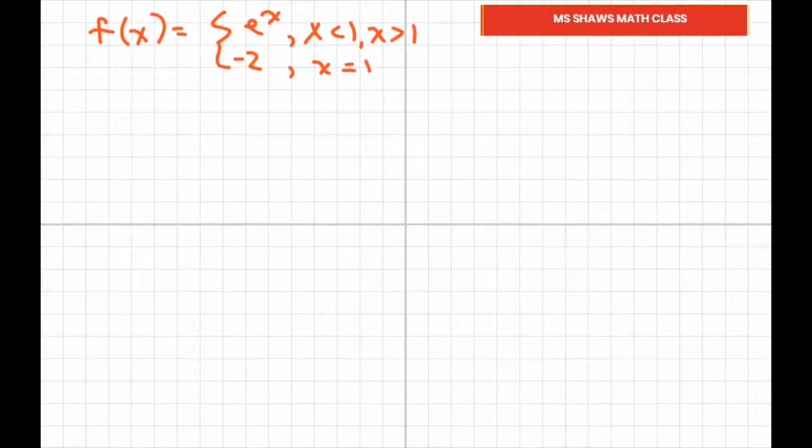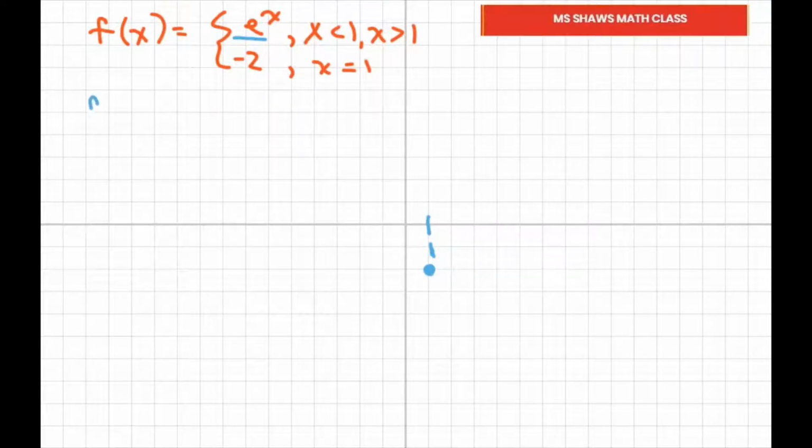So you should know how to graph e to the x. At 1, this is our critical point, it equals negative 2. So there's a point there. But if I plug in 1 here, I get e to the first power.